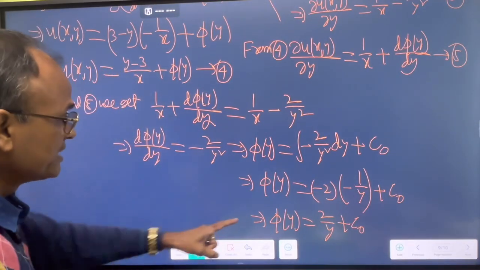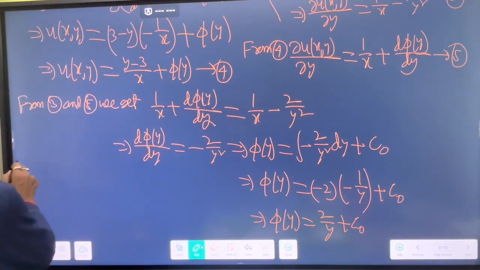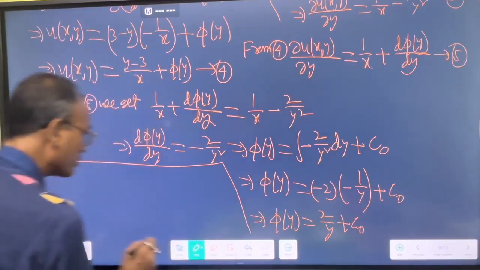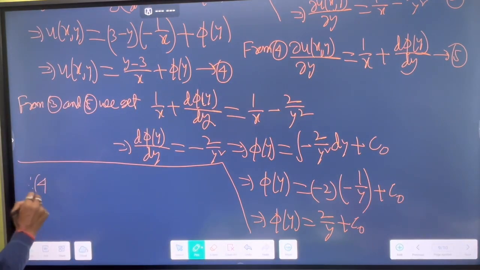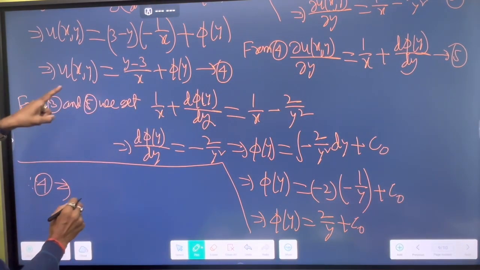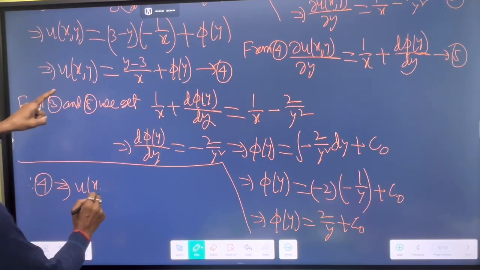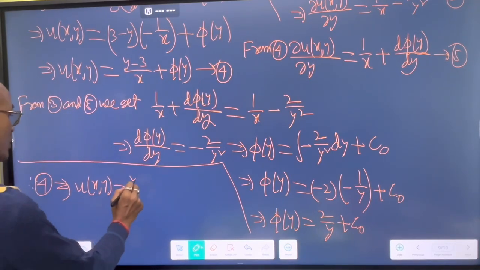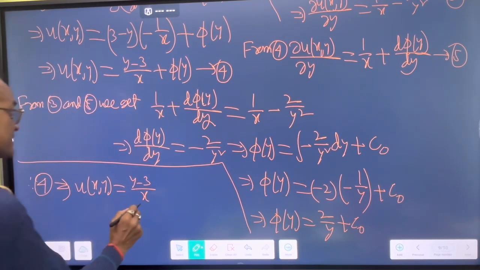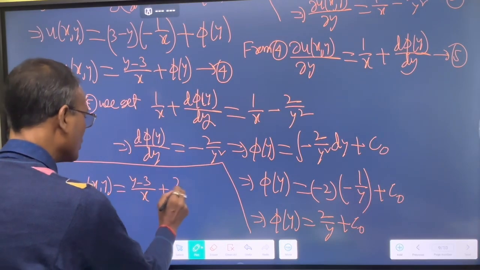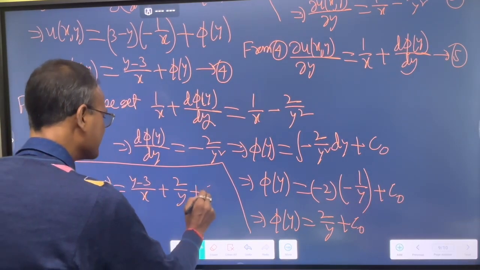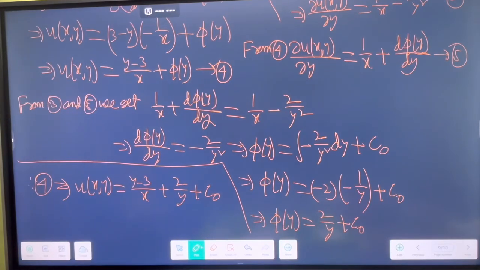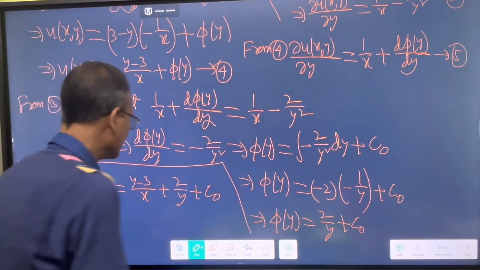Now substitute this value of φ in 4. From 4 you will get u(x,y) = y - 3/x + 2/y + c₀.